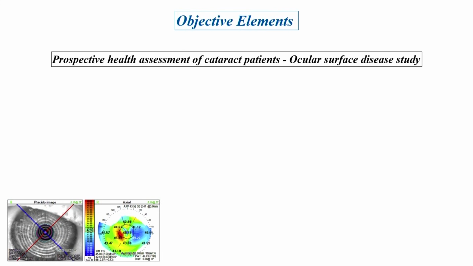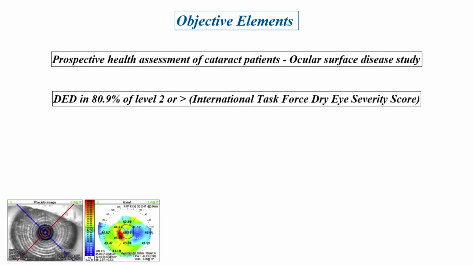Now let us look at some objective elements. This is the preoperative health assessment of cataract patients. One part of it is to look at the ocular surface disease. This is important because placido disc distortions and induced astigmatism because of ocular surface disease are going to give us a major problem.